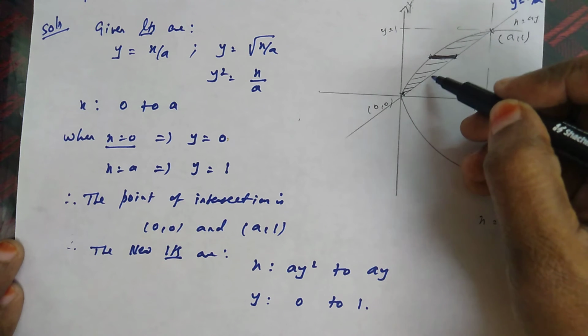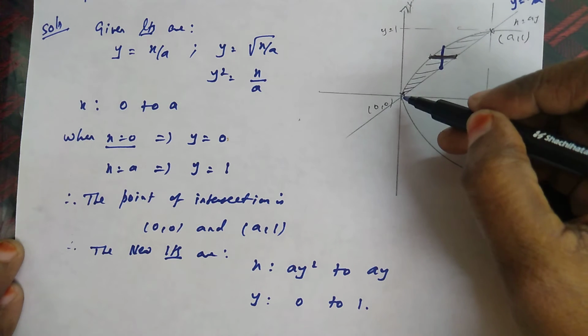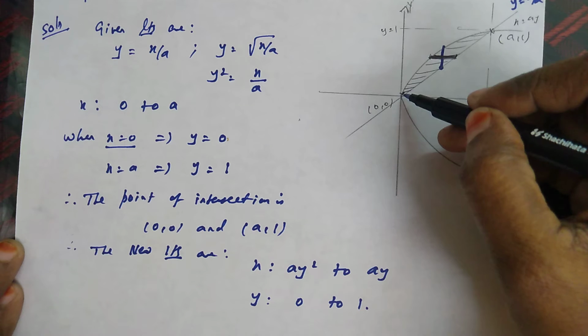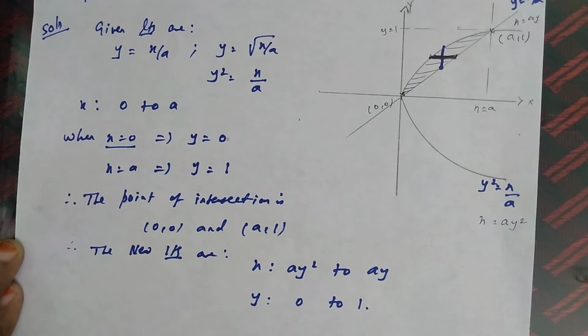Here, if I am taking a vertical strip, the value of y starts from the origin, so obviously y equal to 0 to y equal to 1, because the point of intersection is 0 to 1. Like that we can find our new limits.